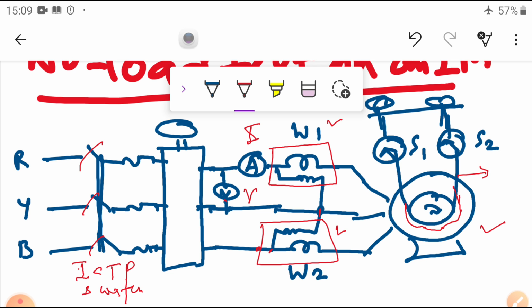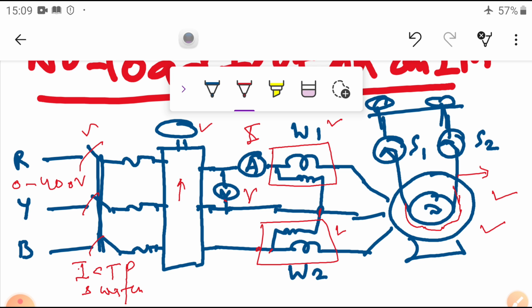After ensuring there is no load on the rotor, close the ICTP switch, then slowly vary the voltage. This is a 3-phase supply, 0 to 400 volts.